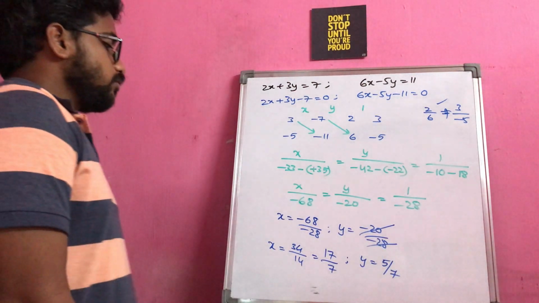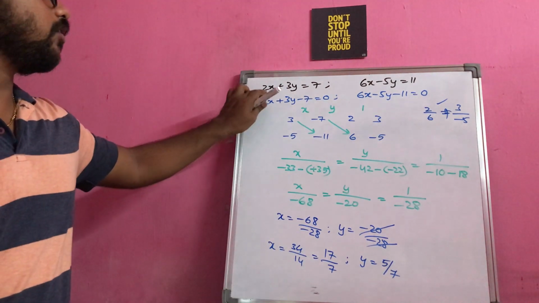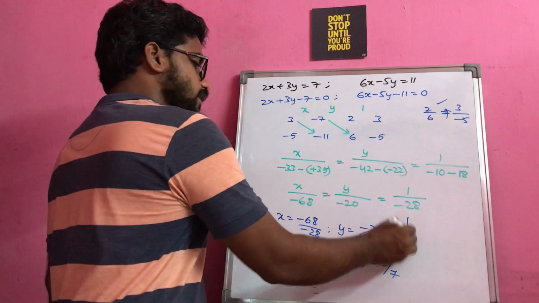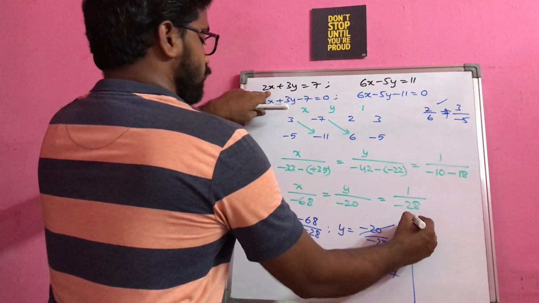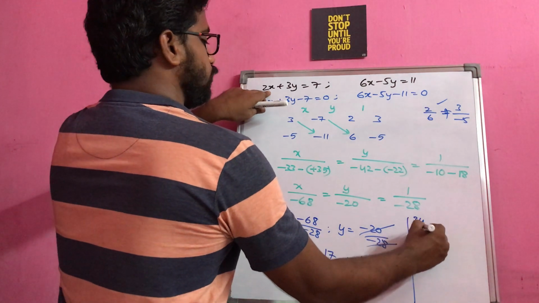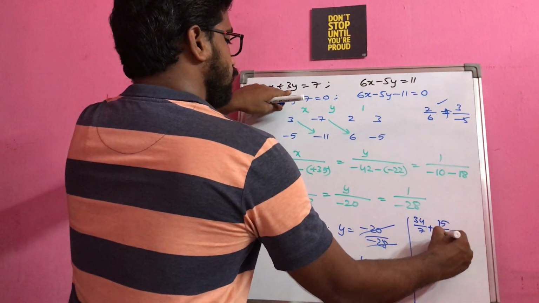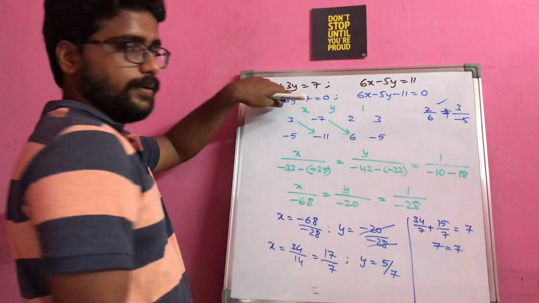Okay. So whether what we got here is correct or not, you can cross check by just substituting in the equations. So x is 17 by 7, y is 5 by 7. If you substitute here, 2 into 17, that is 34 by 7, 3 into 5, 15 by 7, that is 49 by 7, you will be getting 7 is equal to 7.